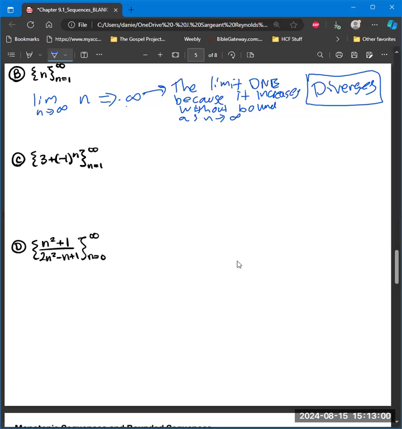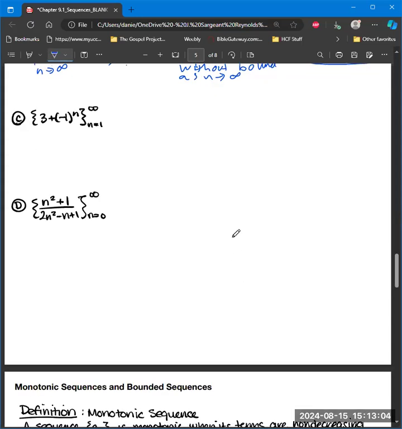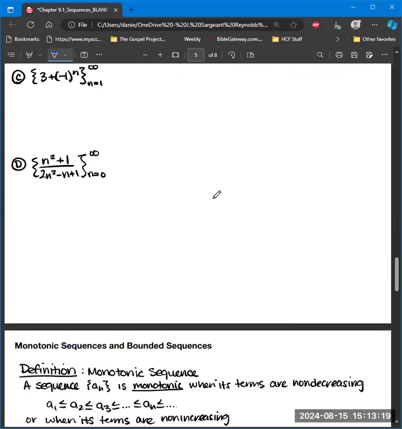So now let's go ahead and think about what happens here. 3 plus negative 1 to the n goes from 1 to infinity. Well, I don't know what this negative 1 to the n is going to do. As I go out to infinity, it oscillates back and forth between negative 1 and 1.